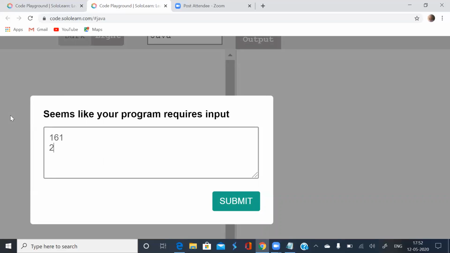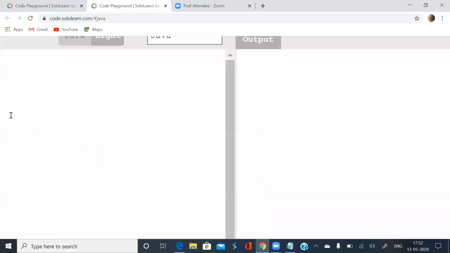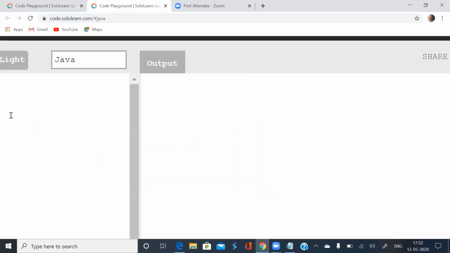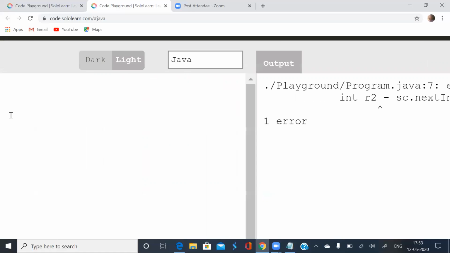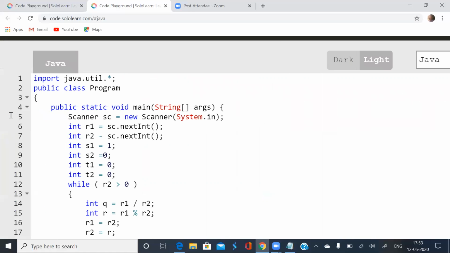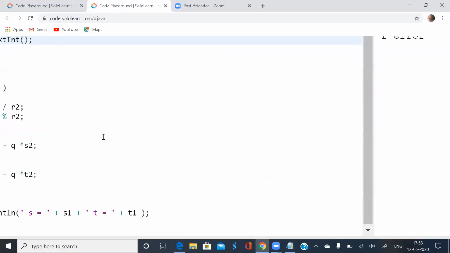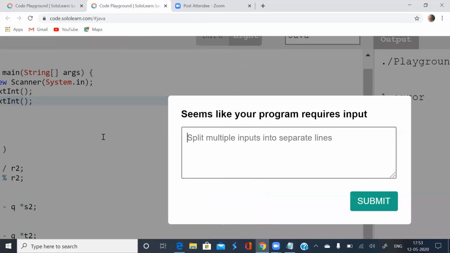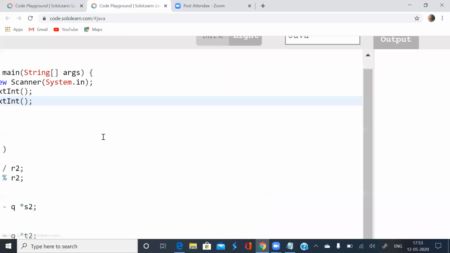161 and 28. I never wrote a program without syntax errors. I may never write. Say 161 and 28.